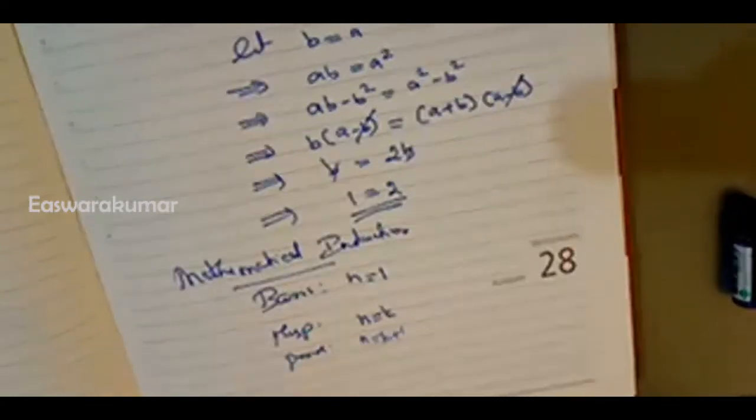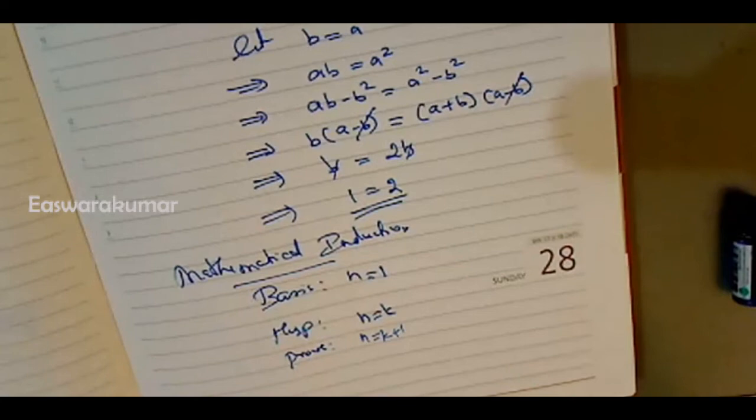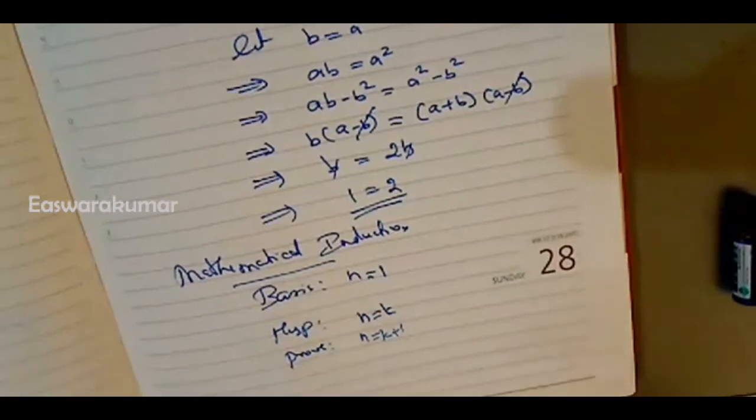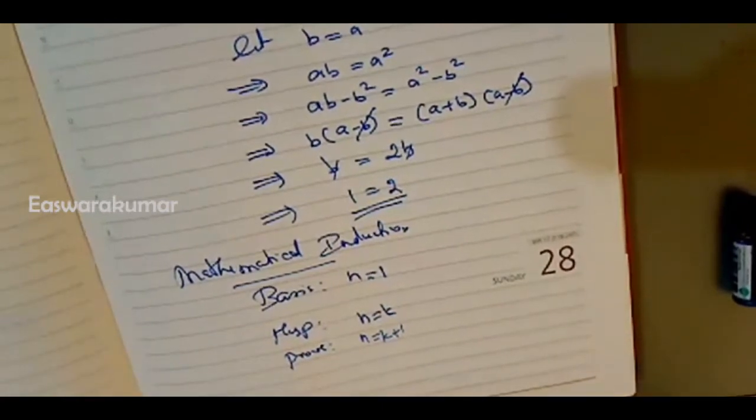And I conclude that the statement would be true for all values of n. How? If I do these three steps, I am telling that the statement given or the theorem given holds good for all values of n. How is it?